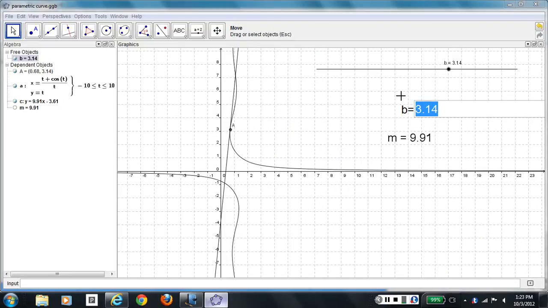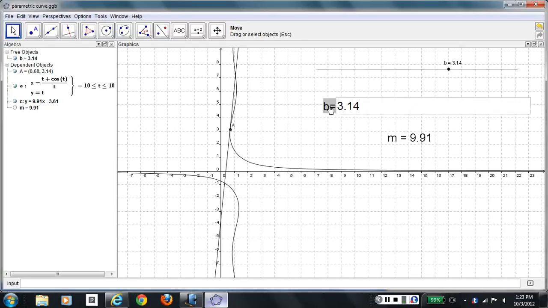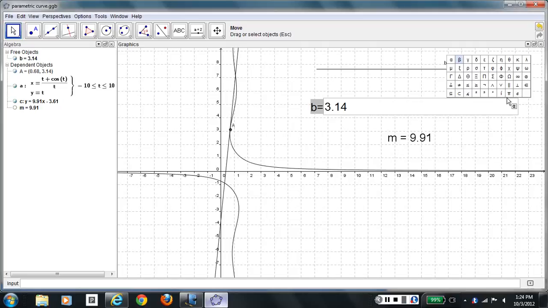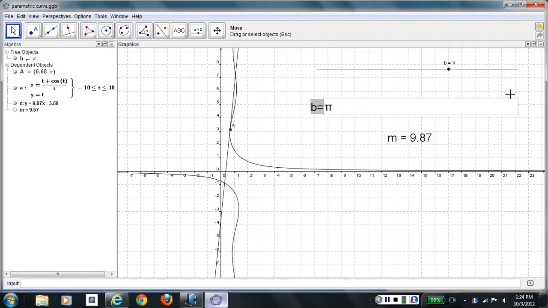On the right side of any text entry, yeah, I've got to scoot that. If I type in it right there, yep, it should let me enter pi. And it should know what that means. Yep, that works. So you just enter the pi character there. But the parametric equation worked nicely in this case.